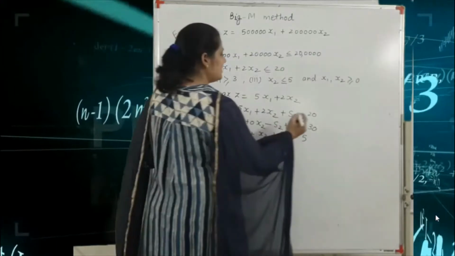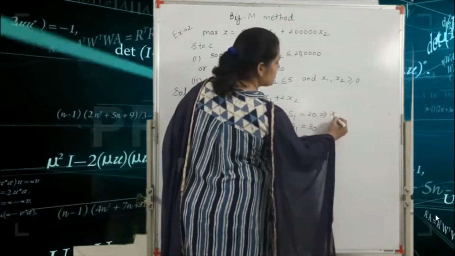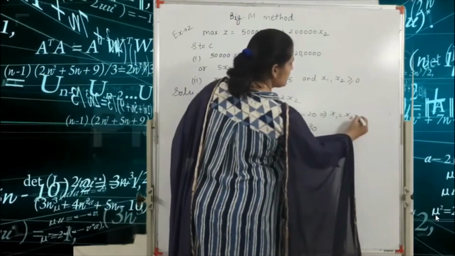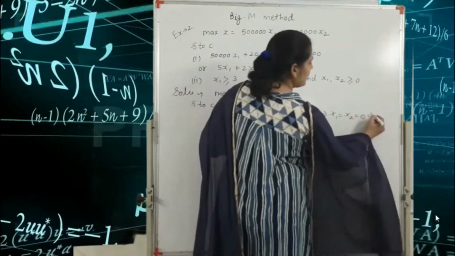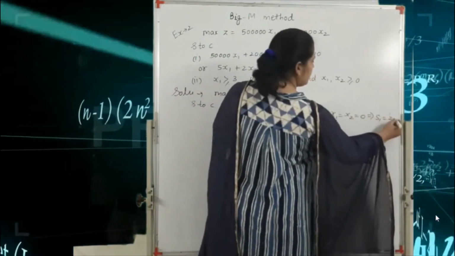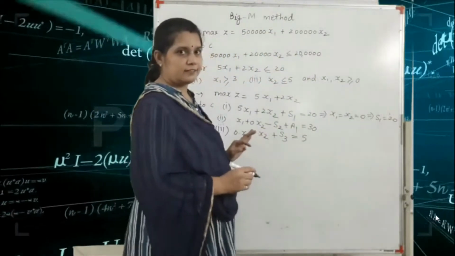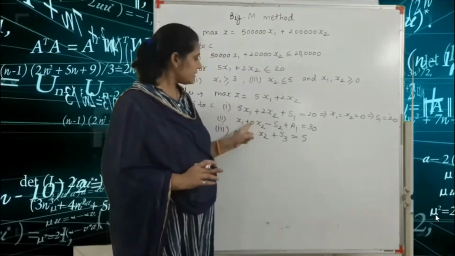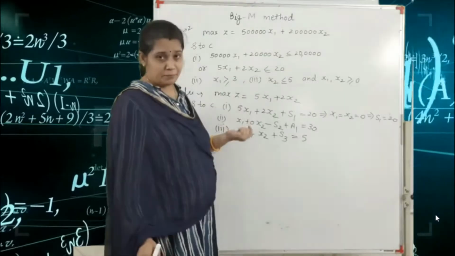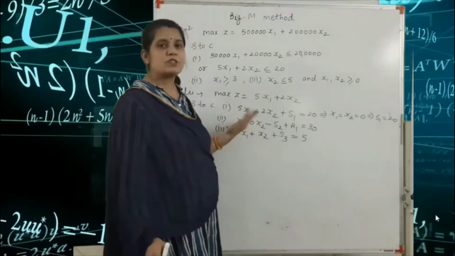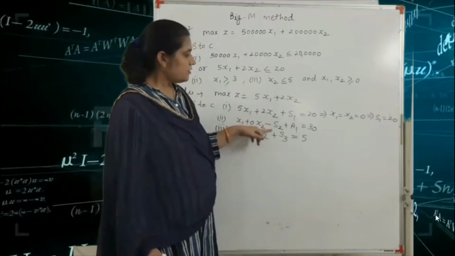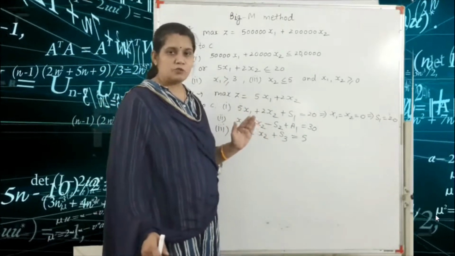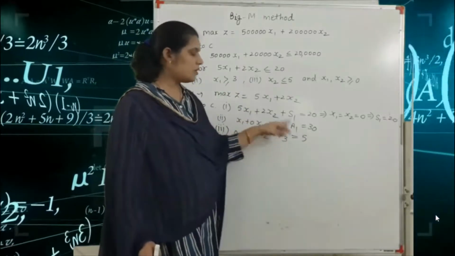First, if we put x1 equal to x2 equal to 0 in the first equation, we get s1 equal to 20. Do you agree with me? But in the second equation, if we put x1 and x2 equal to 0, we have two unknown basic variables, s2 and a1.